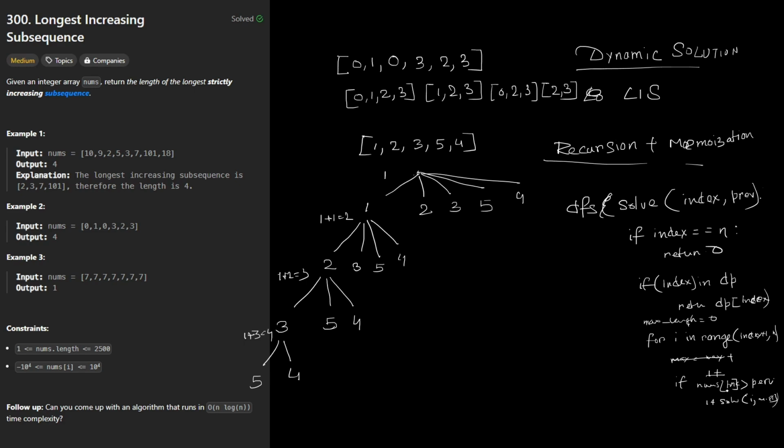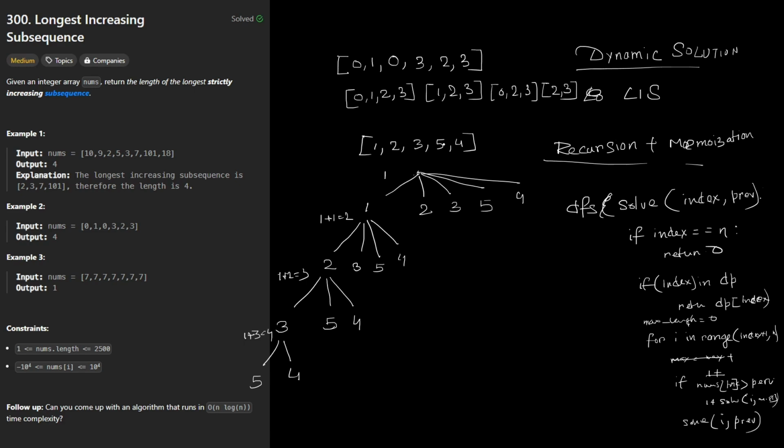But in case it's not greater, then we can simply call solve. We can pass in i, but instead of nums of i, we have to pass in the previous value, which was the existing one, because it didn't find a greater value.